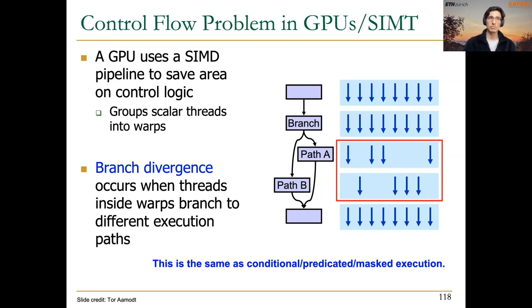We are going to generate masks for those threads that satisfy the condition required to execute path A. We will first execute path A with the corresponding mask, then we can complement the mask or recalculate a new mask depending on the conditions in order to identify those threads that will execute path B. And they all execute and the program will perform correctly and will produce correct results.